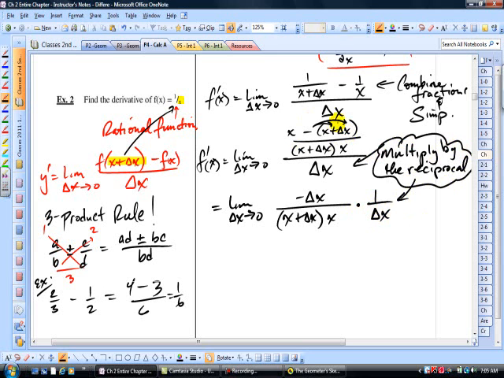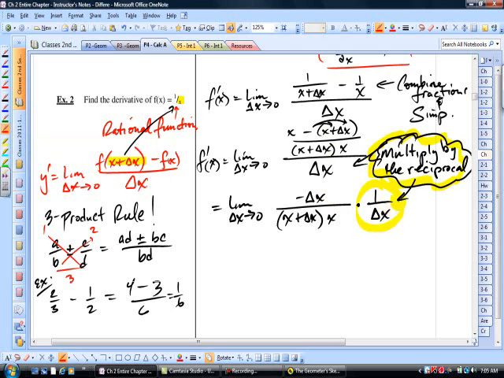So I take the top fraction divided by delta x. That's the same thing as taking the top fraction times the reciprocal of delta x, which is 1 over delta x. Let me highlight that because that happens a lot. Instead of division, I multiply by the reciprocal right there. That happens a lot. Okay, and then you simplify.